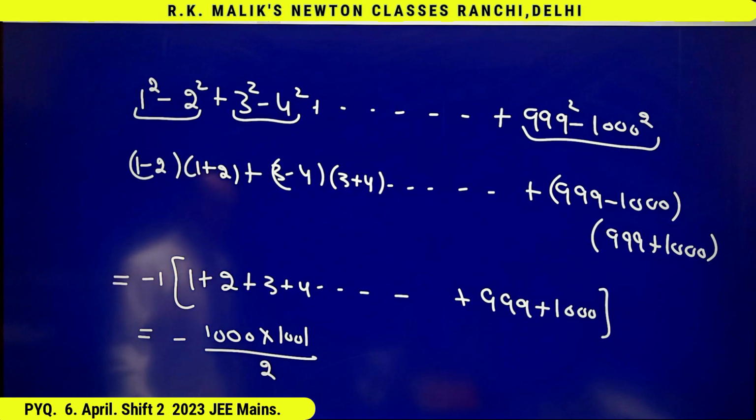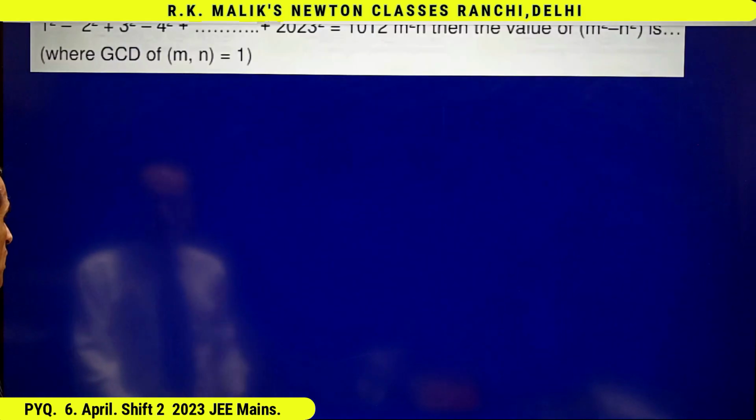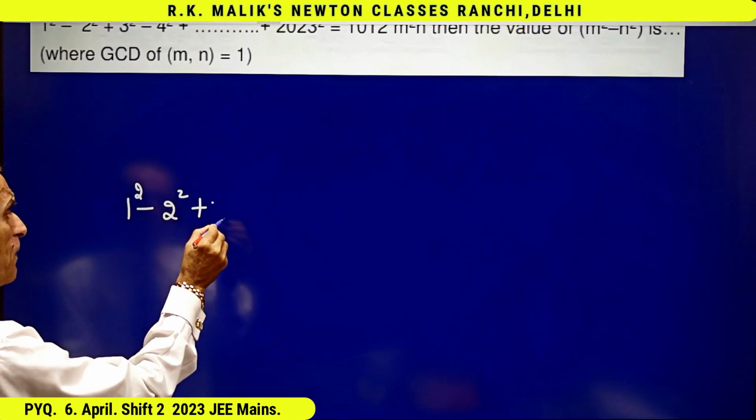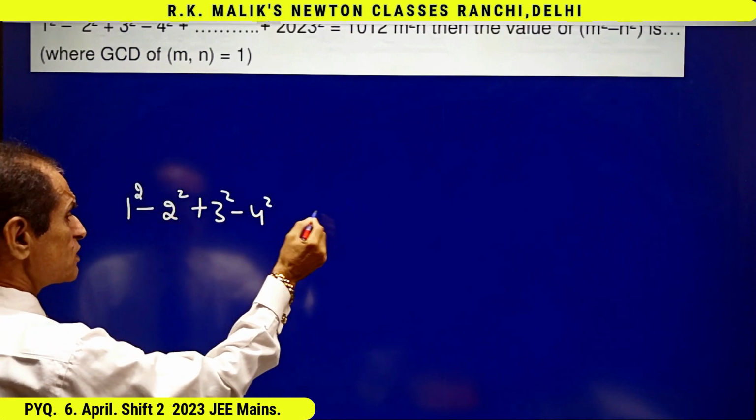Now it is easy. One more, the last similar thing: suppose 1 square minus 2 square plus 3 square minus 4 square.